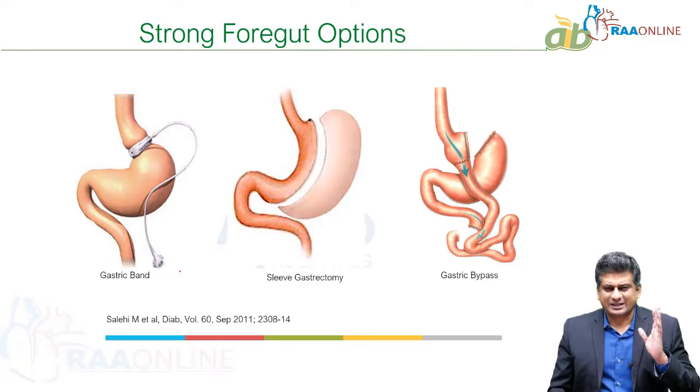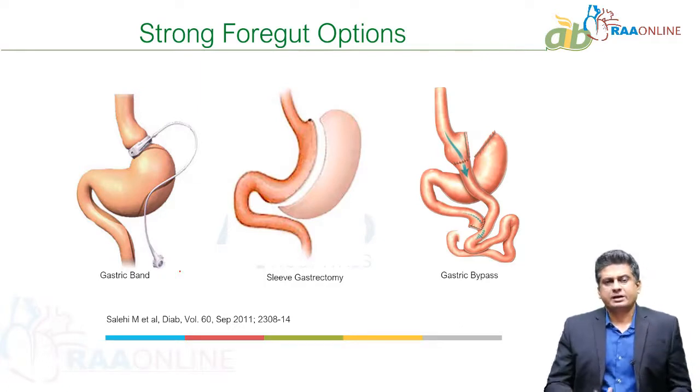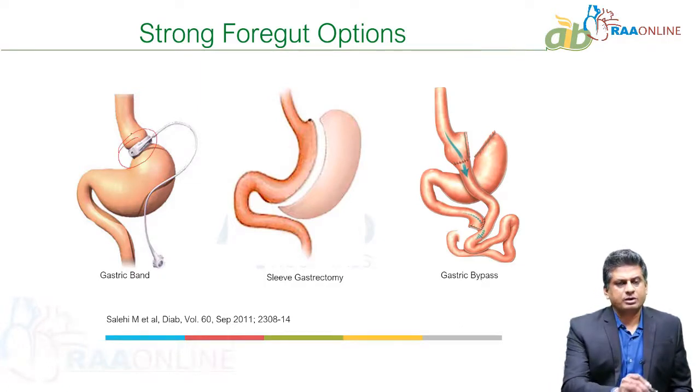One is gastric band, where you put a band around the proximal part of a stomach, about 2 centimeters from the GE junction, and this has a balloon tube around the neck, tube and a port which comes under the skin.